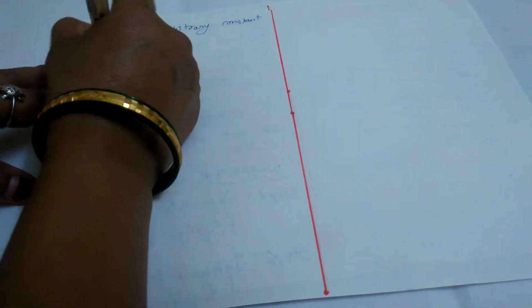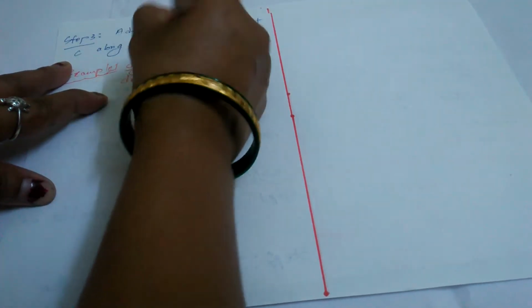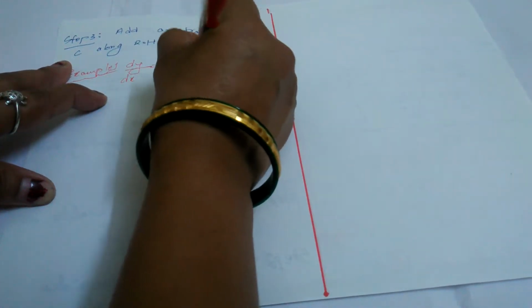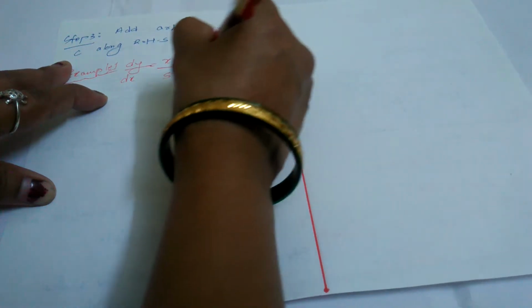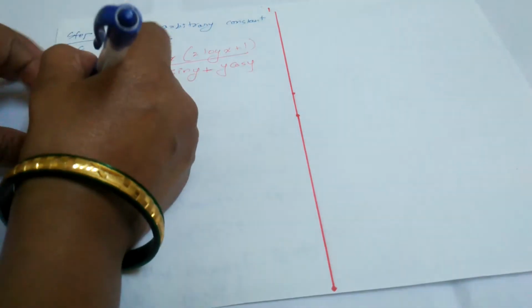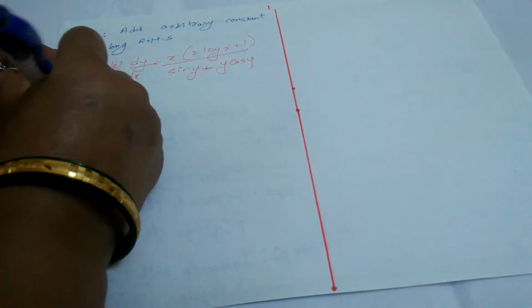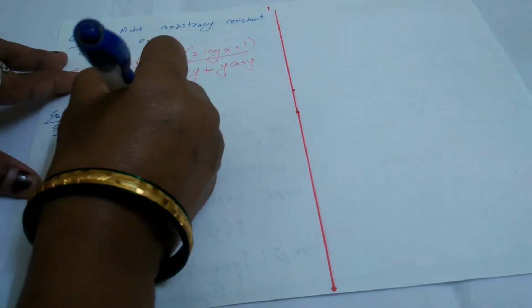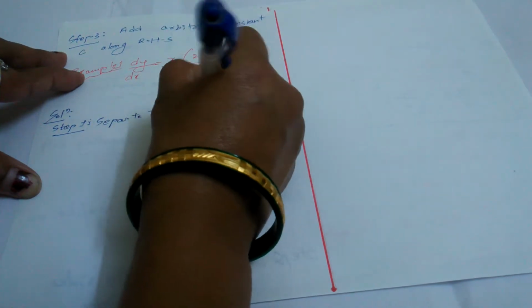We'll solve one example. Example 1: dy by dx is equal to x into 2 log x plus 1 divided by sin y plus y cos y. Solution: step 1 is to separate the variables.